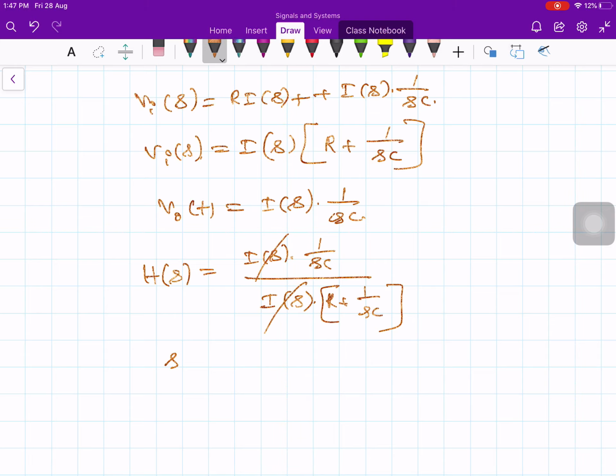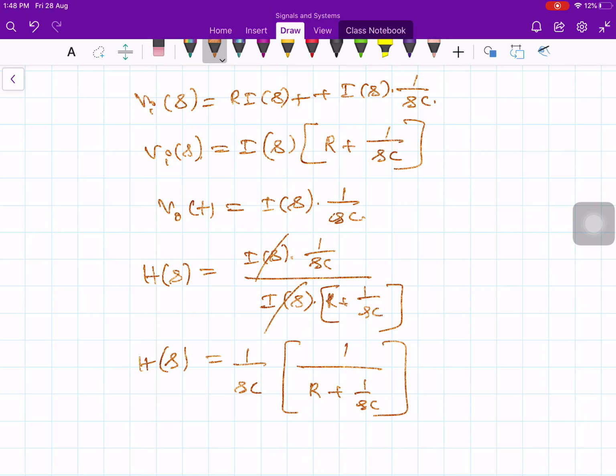So now substitute H of S equal to 1 by SC divided by R plus 1 by SC.